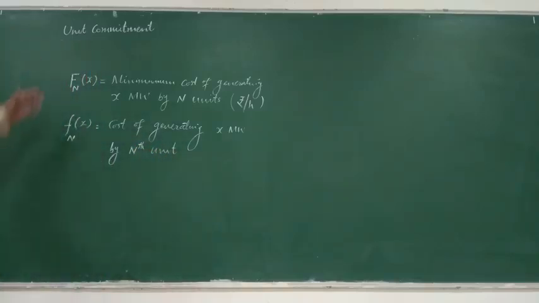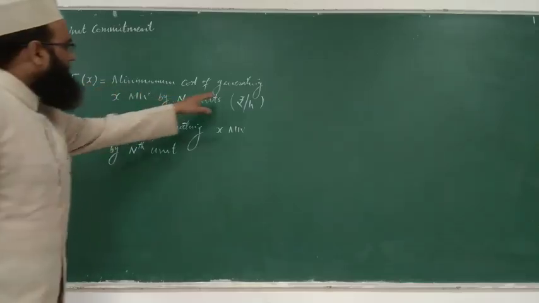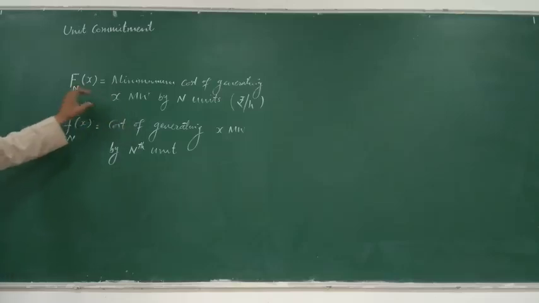So what is the difference between these two symbols? This is capital, this is small, and this is a function of x, and x is nothing but the total power in megawatt.